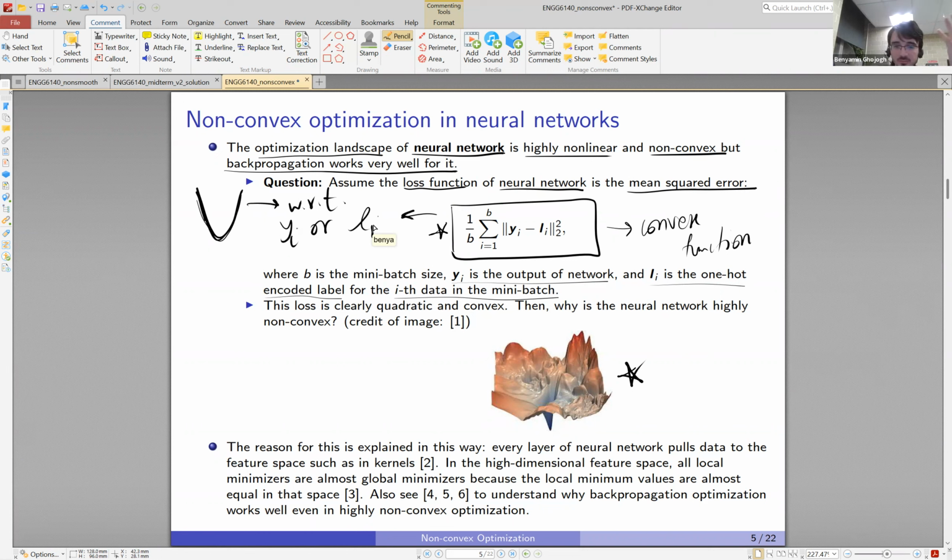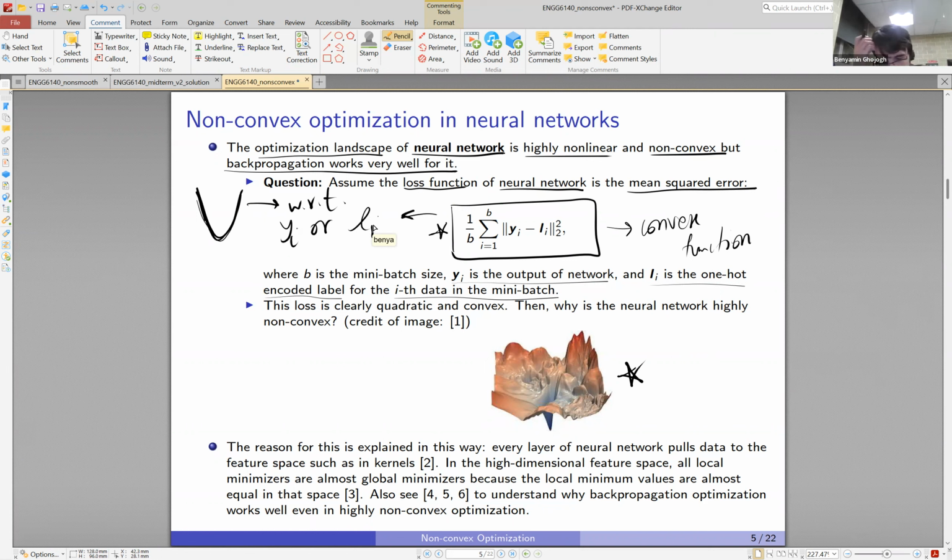Assume you have several layers, and between the neurons of any two successive layers, you have connectors, and each connector has a weight, right? So you will have a lot of weights.